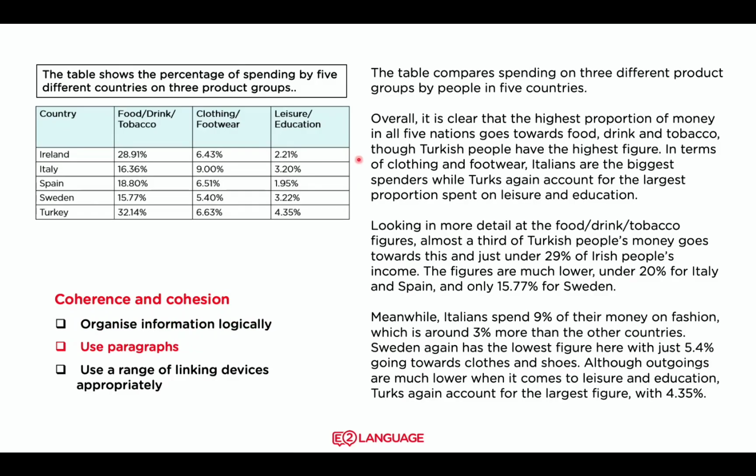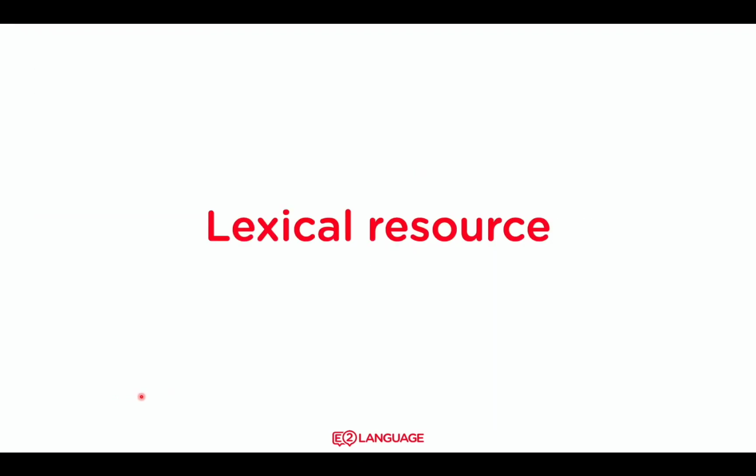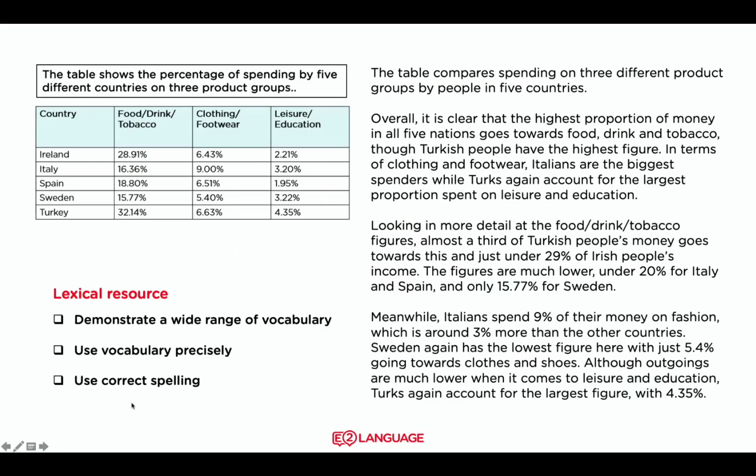I've of course used my 4 paragraphs as always, and a range of linking devices. Here are some of them: though, in terms of, while, looking in more detail, and meanwhile, which, again, although. Plenty of variety and everything is used correctly. On to vocab, range of vocab.